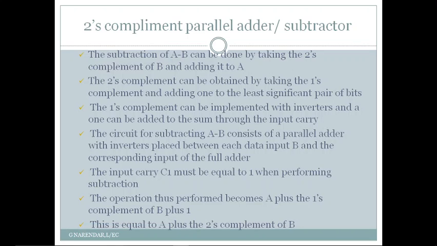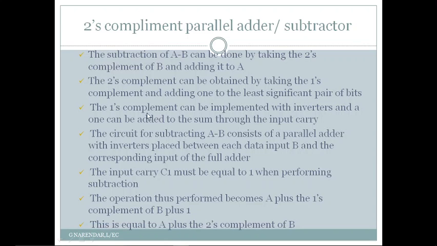The output of a NOT gate or inverter is the 1's complement of its input. So for the 2's complement, we first obtain the 1's complement and then add 1 to the least significant bit.